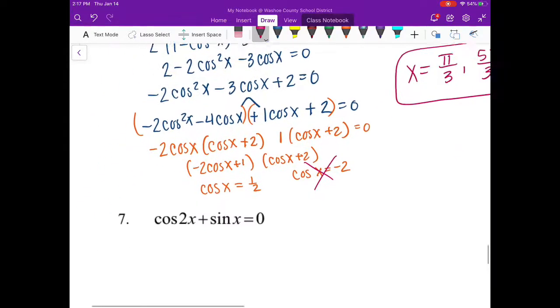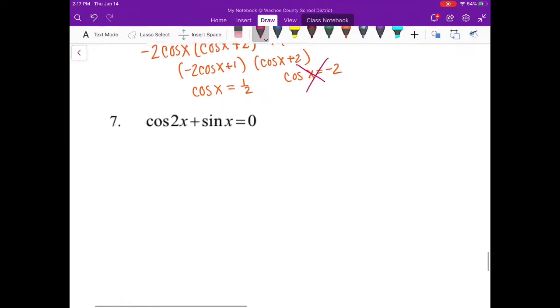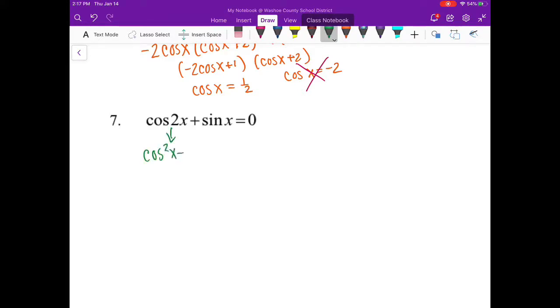Okay. Last example for this set of notes. We have cosine, again, that's a double angle, which is going to be rewritten as cosine squared of x minus sine squared of x. And this comes from your golden ticket.